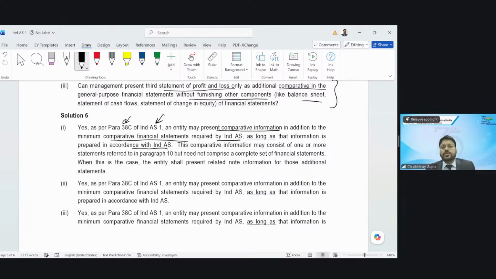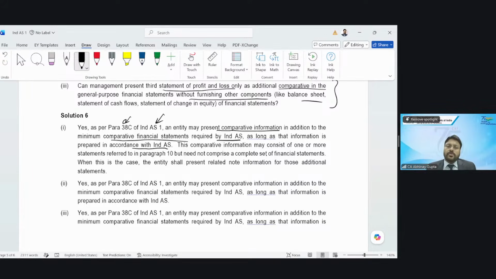So in case you want to prepare the financial statements for the 3 years, that is current year, previous year, and previous to previous year, right? So you can do so, right? If you wish to provide one more column for the prior to prior year, that is absolutely fine with us, as long as the third column is also in compliance with Ind AS, right? So you cannot simply put up anything which is non-compliant, right?